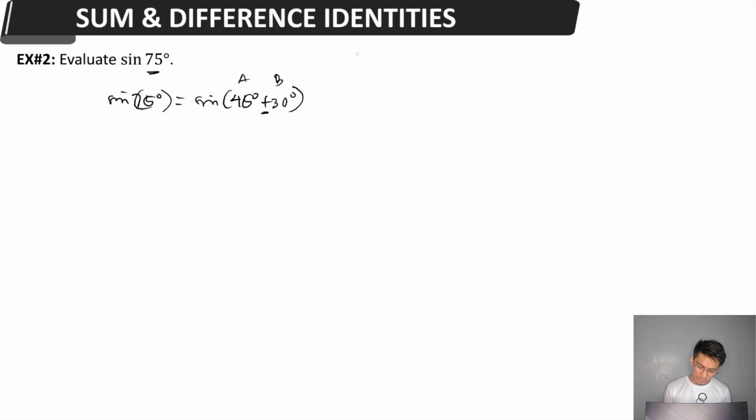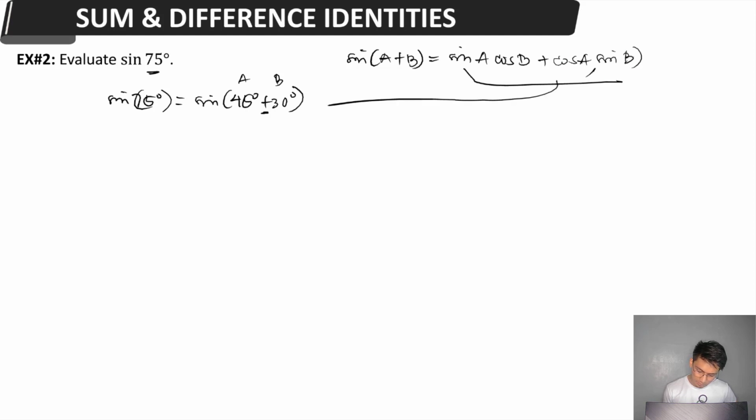And by sum identity, sine A plus B is equal to sine A cosine B plus cosine A sine B. So, ito ngayon ang i-apply natin dito.